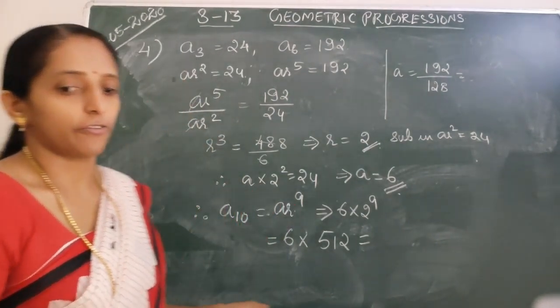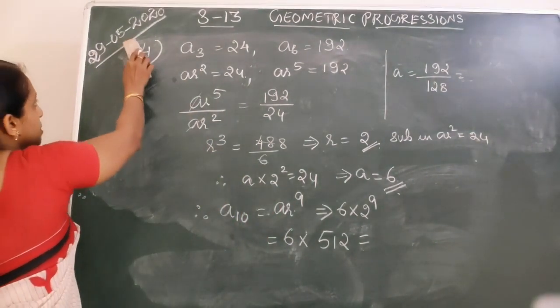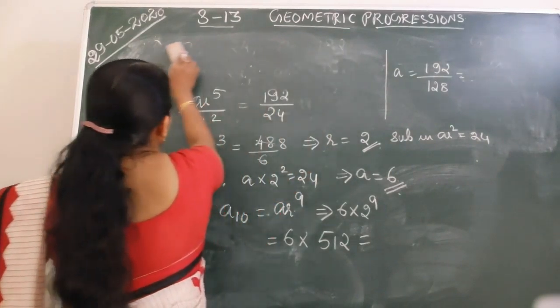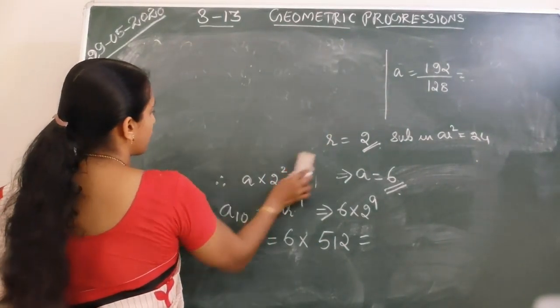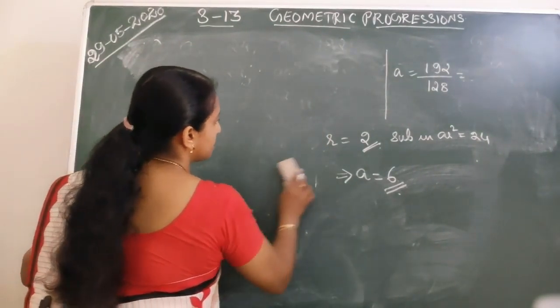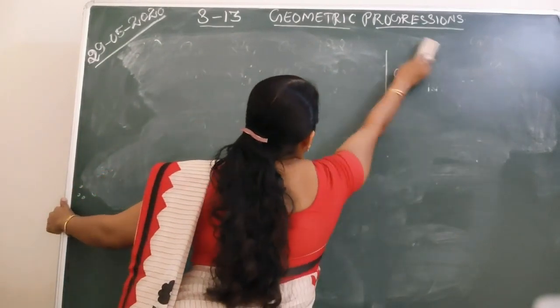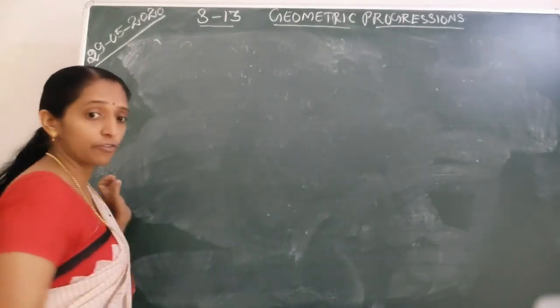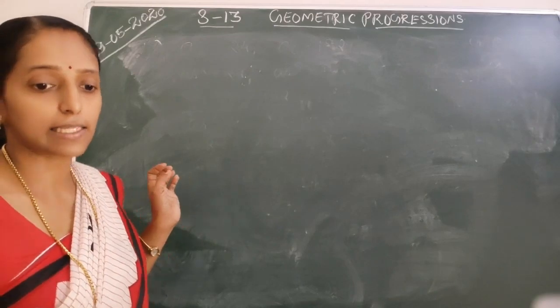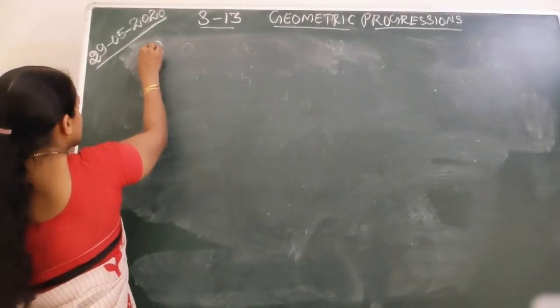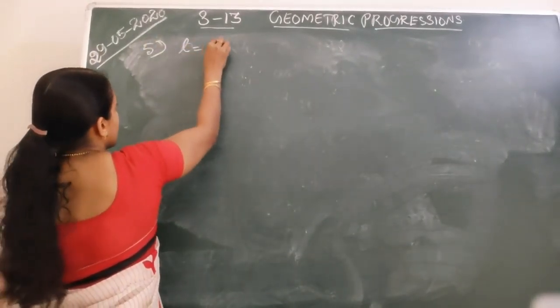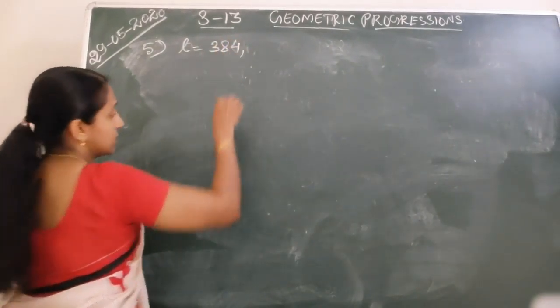Question number 5. Find the number of terms of the GP. Number of terms unknown. And last term, L, is given as 384.